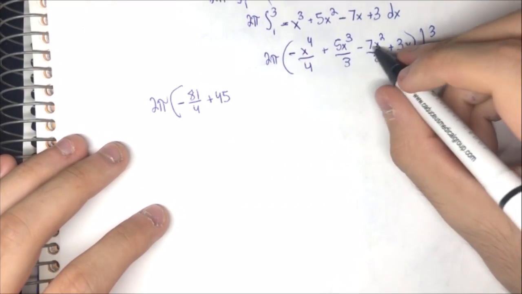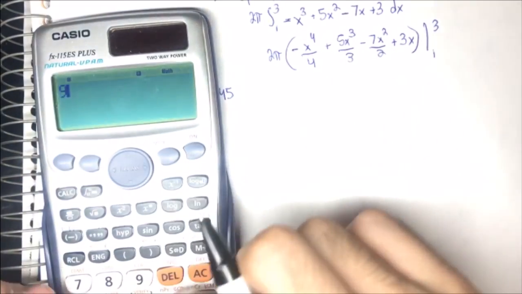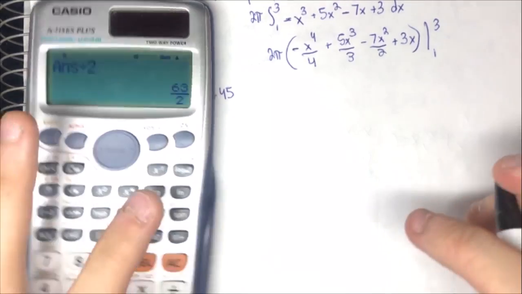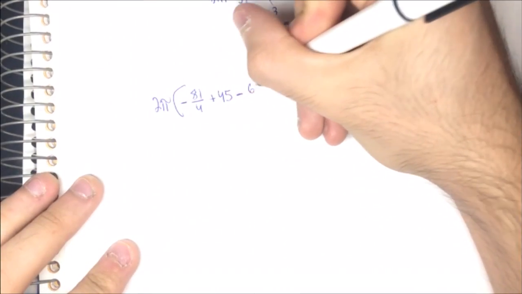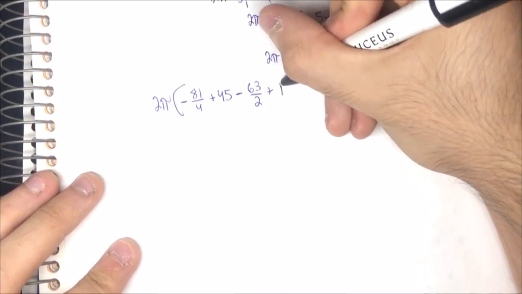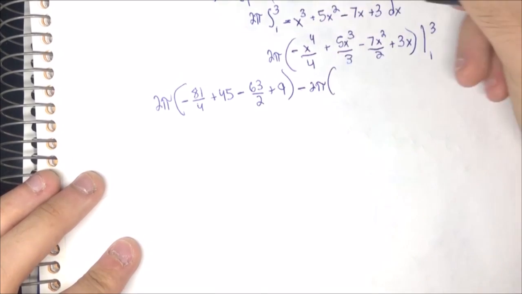So it's plus 45, and then plugging the 3 into here is going to give us 9 times 7 is 63, right? 63 divided by 2. All right, so minus 63 over 2. And then plugging the 3 here is going to give us 9. So then minus, all times 2 pi.